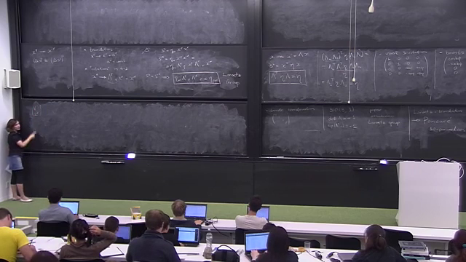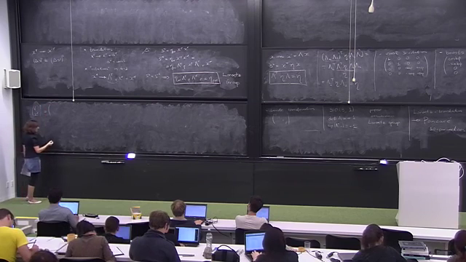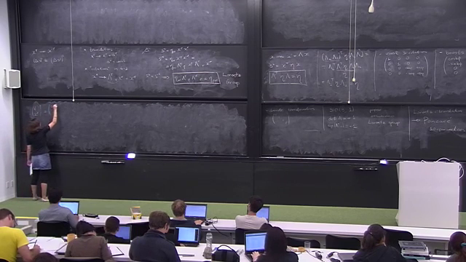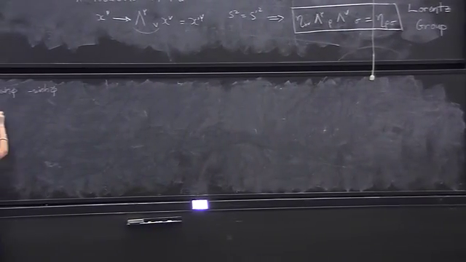I'm going to new coordinates t prime and x prime related to the original ones through cosh phi, minus the hyperbolic sine of phi.